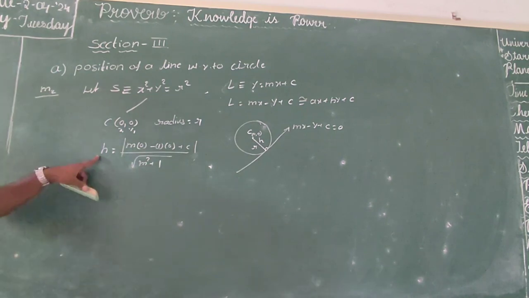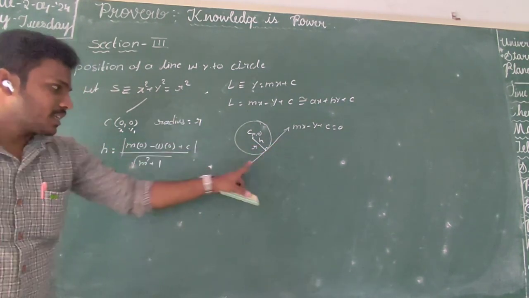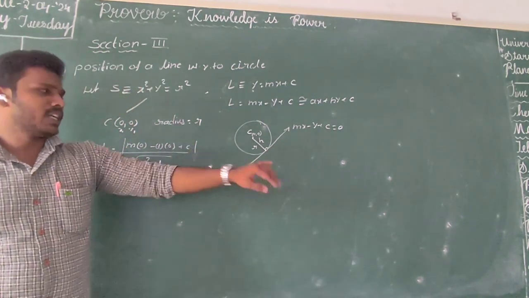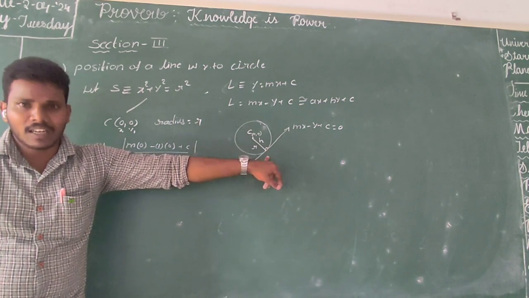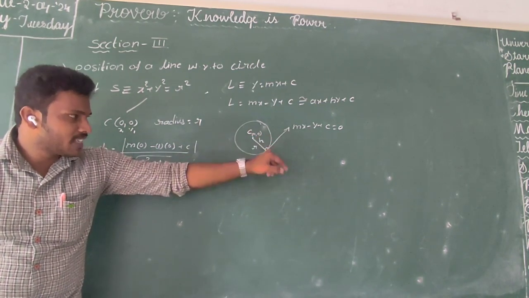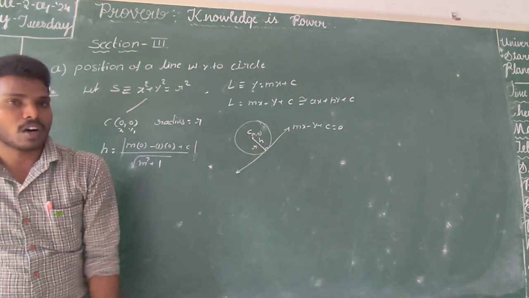This perpendicular is the radius of the circle. Why? Because the line touches the circle. We are taking just one condition out of the three: if the line touches the circle, the perpendicular from the point to the line is nothing but the radius of the circle. That's why h is equal to r.